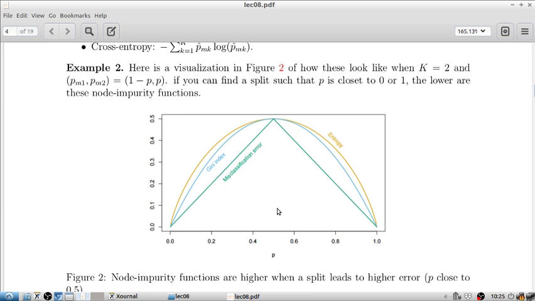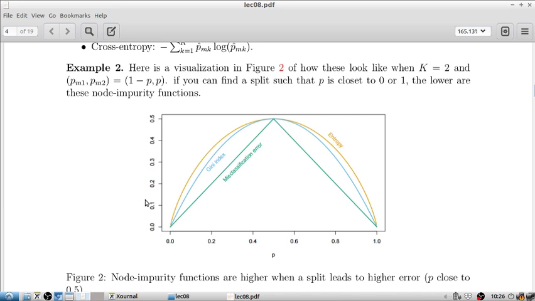This picture is trying to give an intuition for what these scores mean. Let's think of just 2 classes. I was giving an example with 3 classes, but just think of 2 classes, and think of this p as p hat m1, because p hat m2 is just 1 minus p hat m1, since the total should sum to 1. If there's a 50-50 percentage of both classes in your region, that region is really not a good region.